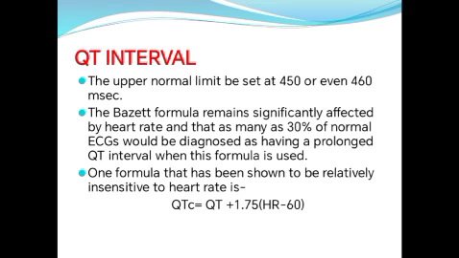So this is the QT interval and the corrected QT interval, and we can measure it either using the Bazett formula or this formula, which is insensitive to the heart rate. The corrected QT interval equals the QT interval plus 1.7 multiplied by the heart rate minus 60. This is the formula.